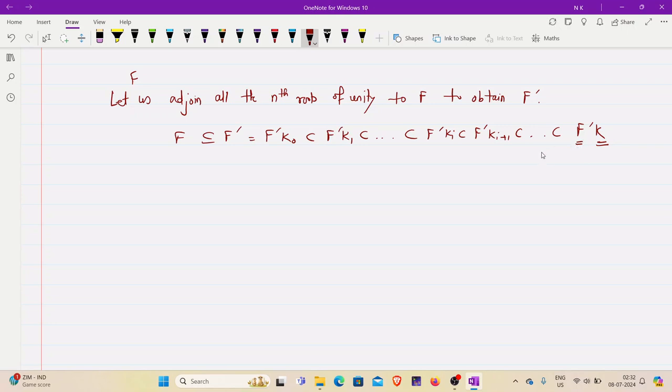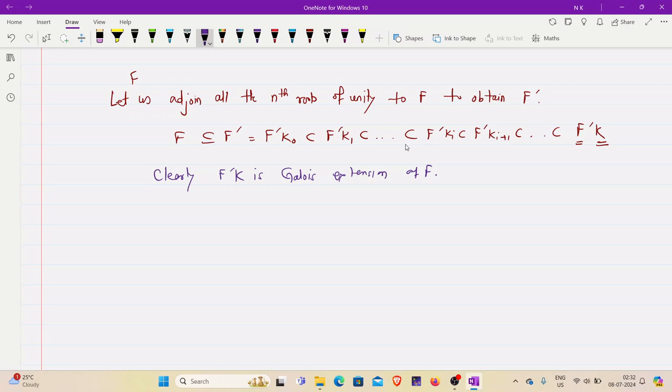So F dash K is again a Galois extension of F.